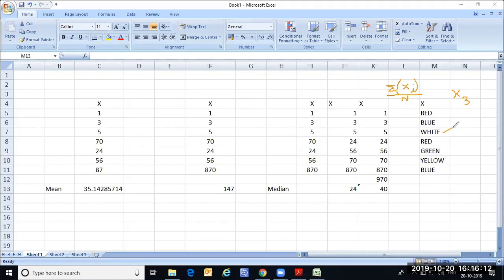Nothing but the third record, third value, right? So the formula for the mean is summation of all the values divided by the total number of values. So we cannot apply mean for discrete data. So can I calculate median for this? No.